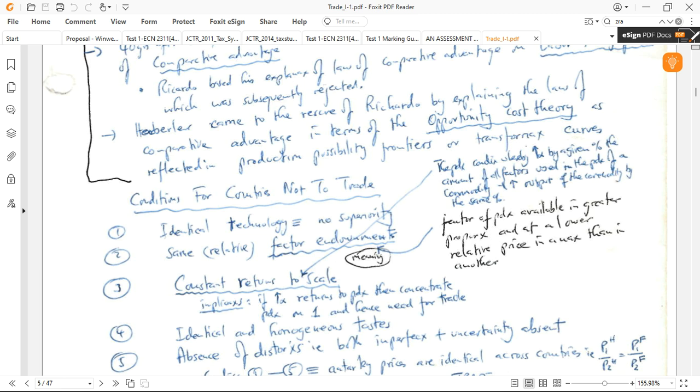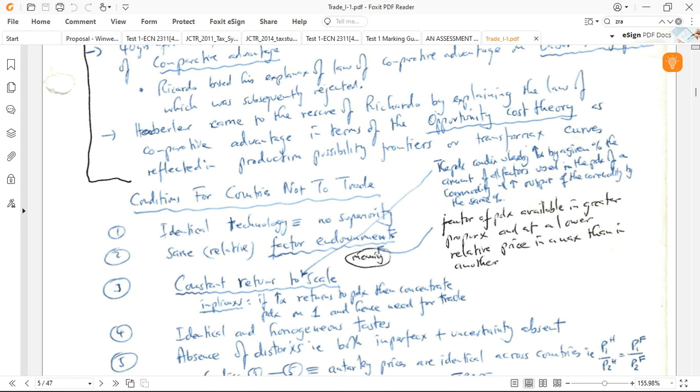We can produce the same thing using the same type of technology, under the same conditions, using the same amount of time. So what you can do, I can do. In such a case, countries cannot trade, right?